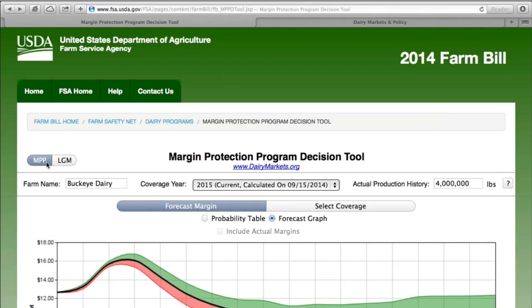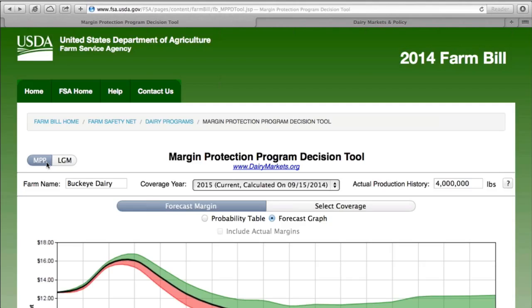Are there any risks associated with MPP in addition to the initial cost? Well, I like to think of it like car insurance. I pay a premium for my Progressive auto insurance every month. I don't expect to get in a car accident and need to utilize those services. But if I do, Progressive is there.